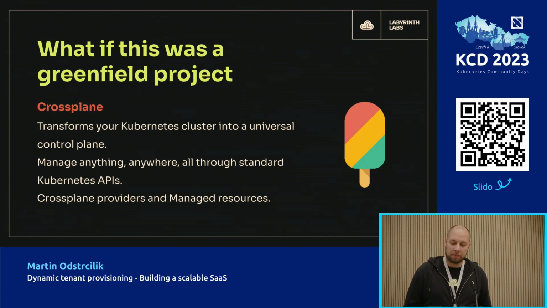So Crossplane basically can serve you as that universal control plane, be Kubernetes native, and you can use it to either create resources or write your own providers, do composition there, and have everything managed from within Kubernetes. So have the replacement for the CRM system.